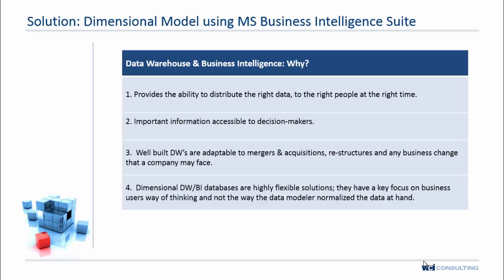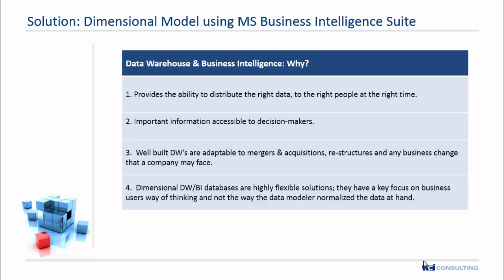Here we have a solution, and in this case, I chose dimensional modeling as a solution for the 4 scenarios we went over earlier, and why we use dimensional modeling in data warehouse and business intelligence.